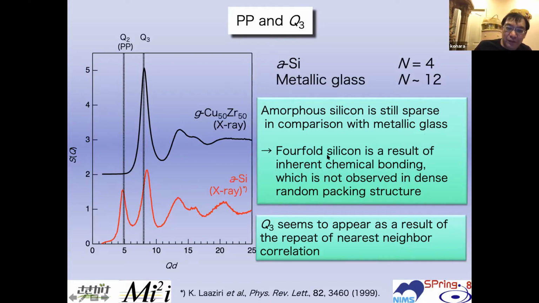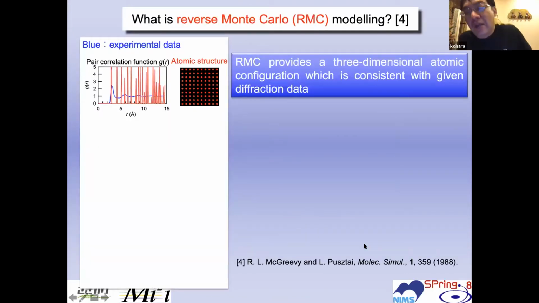And finally, Q3, according to Elliott and Zeidler, Q3 seems to appear as a result of the repeat of nearest neighbor correlation. I would like to simulate this point by reverse Monte Carlo modeling. I would like to introduce a little bit about reverse Monte Carlo modeling.